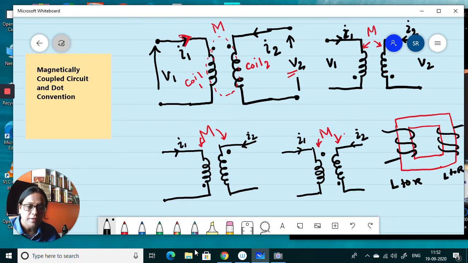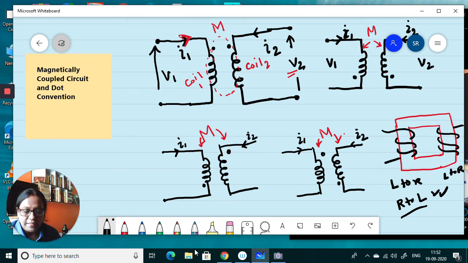But winding can also be right to left. Both are possible. So mutual inductance, as I said, is a positive quantity, but the sign of the EMF induced by it depends on the direction of winding of the coil.